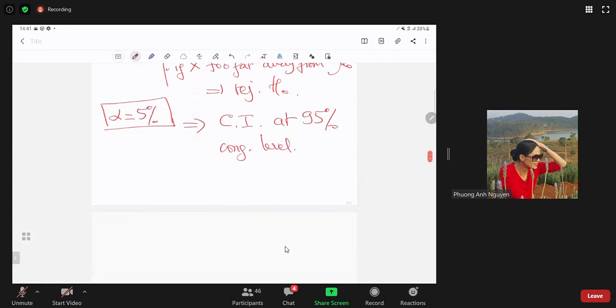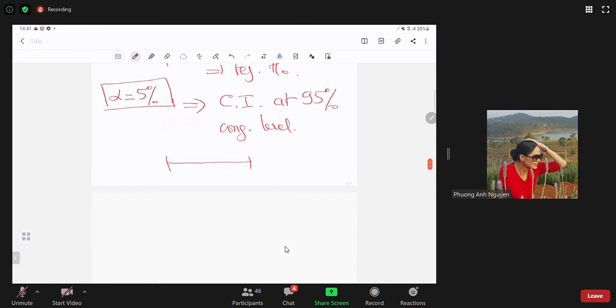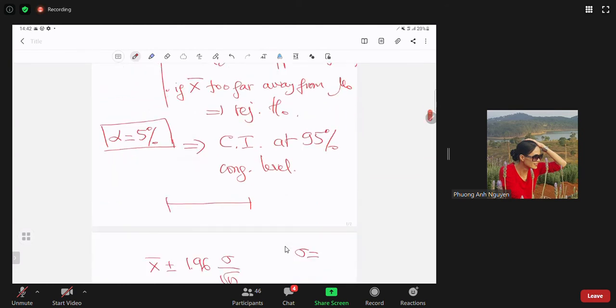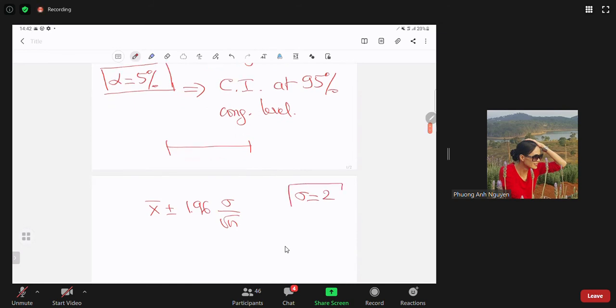Let's see if I get it from the slide before. My confidence interval is what? X bar plus minus 1.96 sigma over root n, so depending on the value of sigma as well. Suppose that sigma is equal to 2.